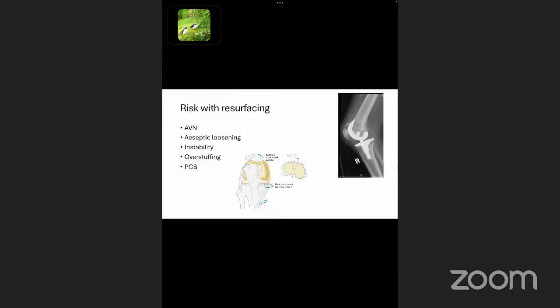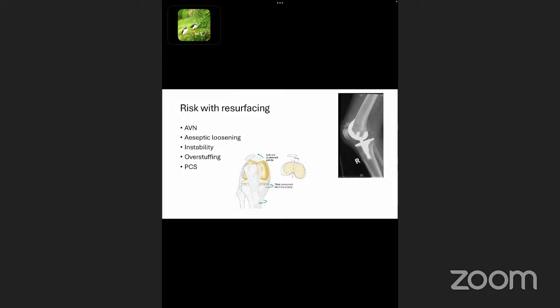The surgery is also associated with more fractures. You are expecting the need for an additional trauma. There is no suggestion from the evidence that we have from the randomized assessment.